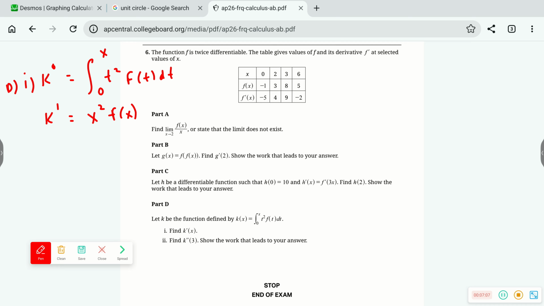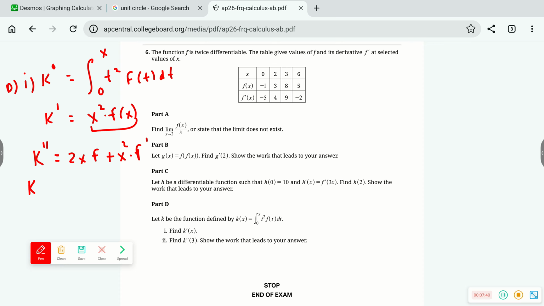All right. So if K prime of x is x squared f of x, now it says to find K double prime of 3. We've got a little product rule going on, because the second derivative is the derivative of the first derivative. So wouldn't this be a product rule? Derivative of the first, 2x, times the second unchanged, plus x squared times f prime. That's the product rule.